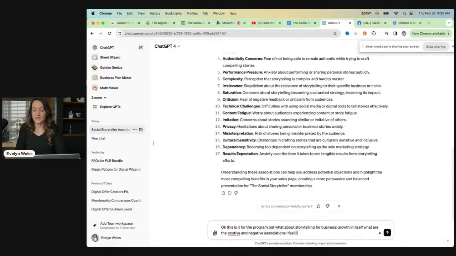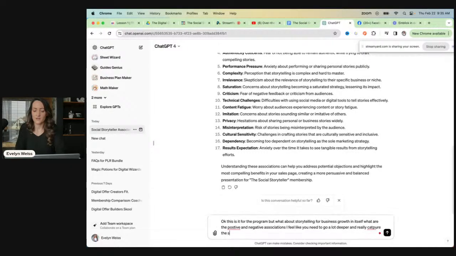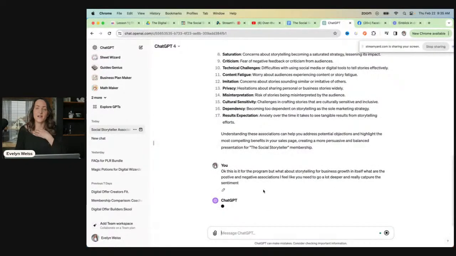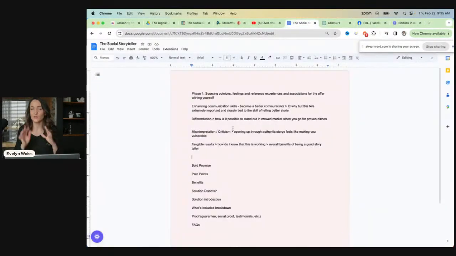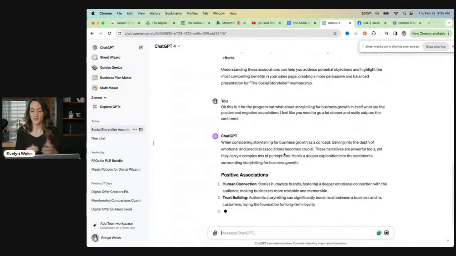I feel like you need to go a lot deeper and really capture the sentiment. So, and you see how, out of everything it brought my way, there were only like 3 nuances where I'm like, oh, I do feel like this is important. I do feel like this is important. So this is a bigger kind of process.